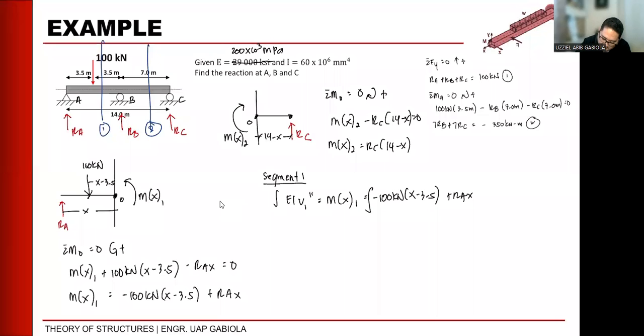We have EI v1 prime is equals to negative 100 kilonewton (x minus 3.5) squared over 2 plus RA x squared over 2 plus C1.